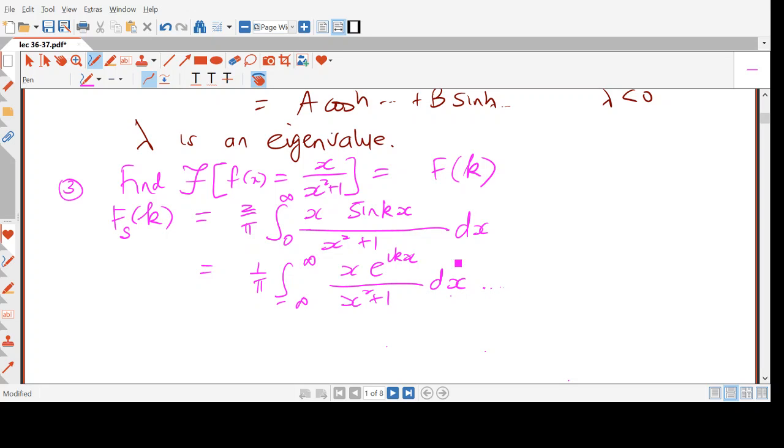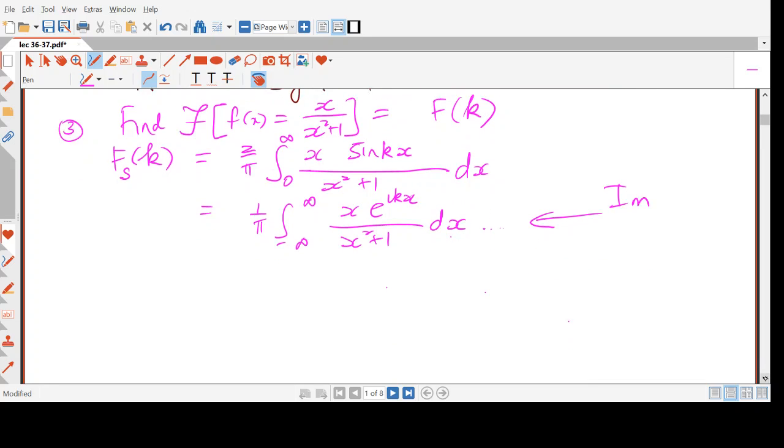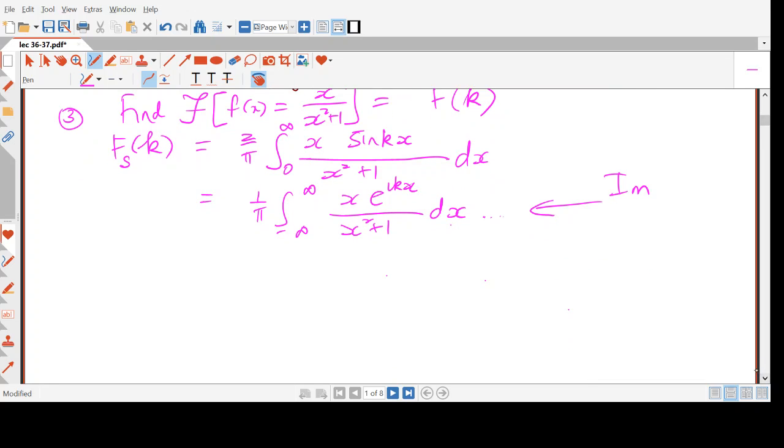Now this is actually an even function. Well, this is even for sure. This one here we don't know. It has cosine and sine in it, and we want just the imaginary part of this result at the end. So let's just deal with it as it is, and at the end we'll hit that with the imaginary part to get the final result. So I want to apply the residue theorem.